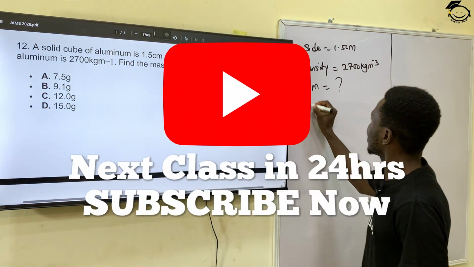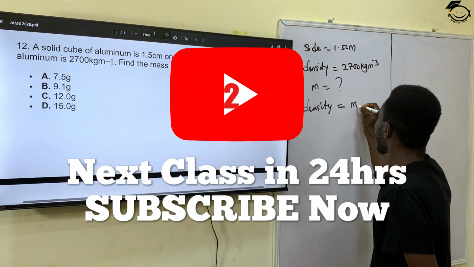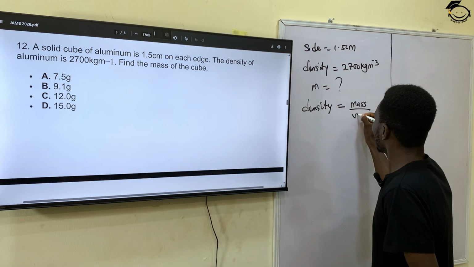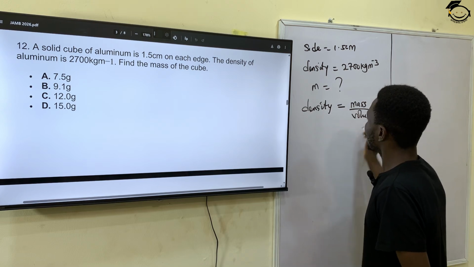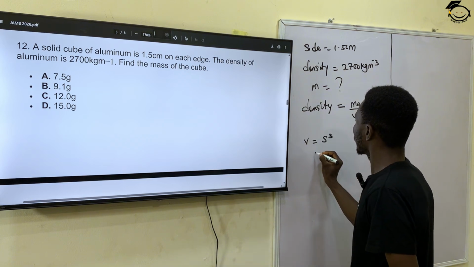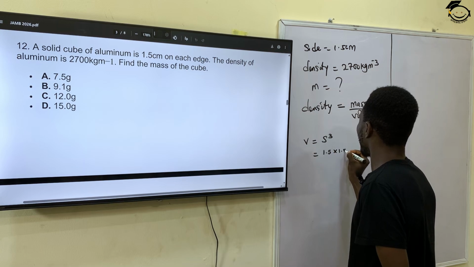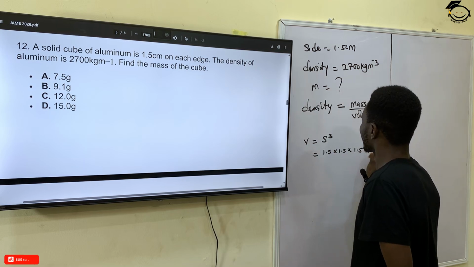We know that density is equals to mass over volume. So the first thing we're supposed to do is to find the volume, and our volume is going to be side cube, which will give me 1.5 times 1.5 times 1.5.